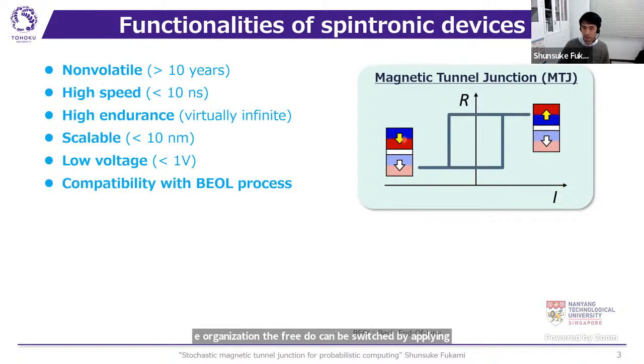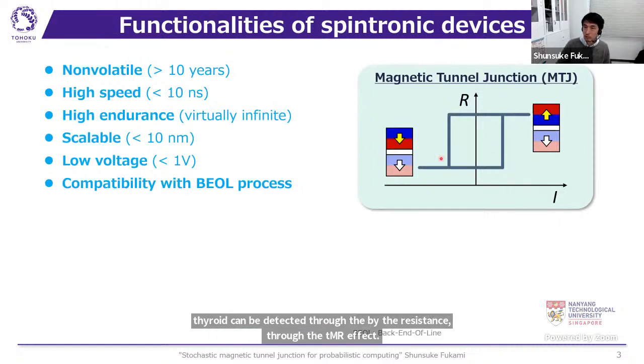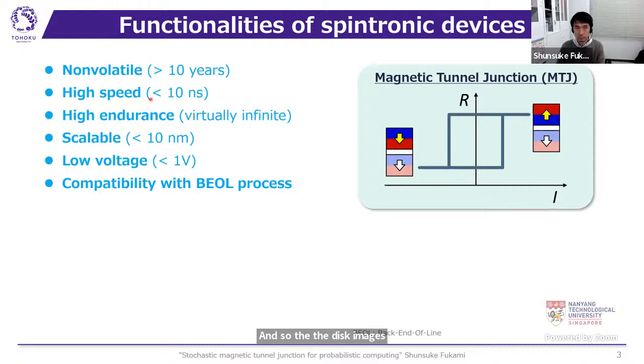The difference in the relative magnetization direction between the free and reference layers, parallel and anti-parallel, can be detected by the resistance through the TMR effect. MTJ devices have several unique properties, including non-volatility, high-speed operation, high endurance, scalability, low voltage operation, and compatibility with the back-end-of-line process.